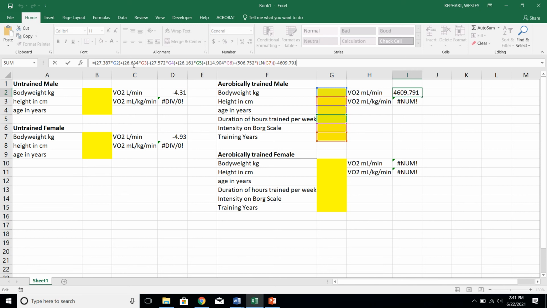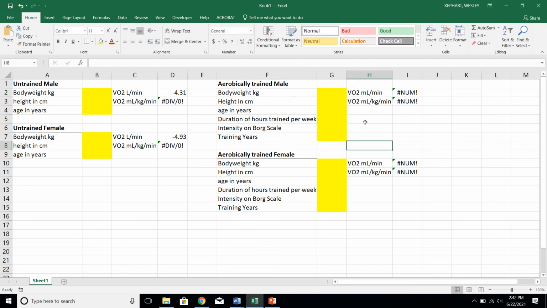This one, 26 or so, is tied to the height in centimeters. This one is tied to age in years, then duration of hours trained per week, and intensity on the scale, all of those things. Now this natural log, training years, if you want to do it in Excel, you would just type ln and then put all of your parentheses around it, making sure that all of that works out.